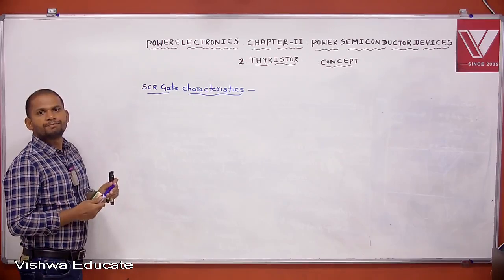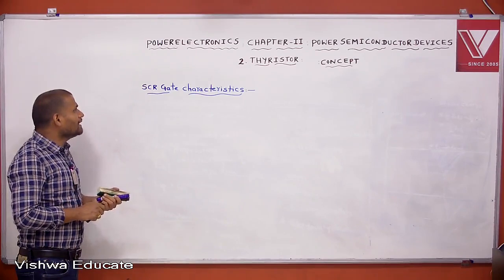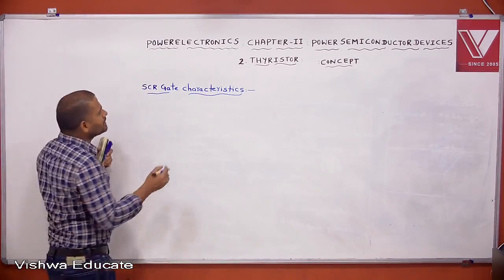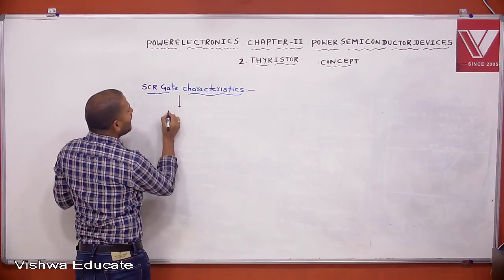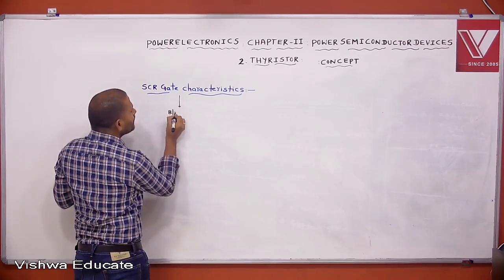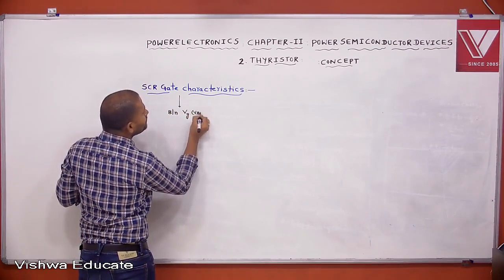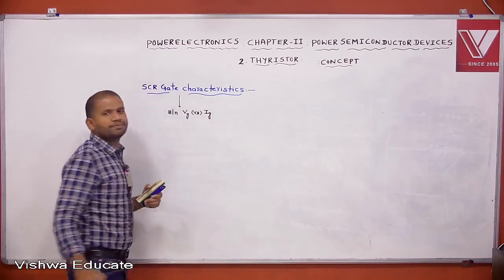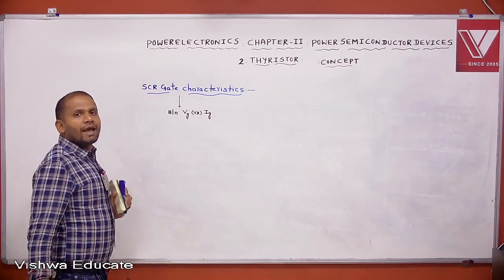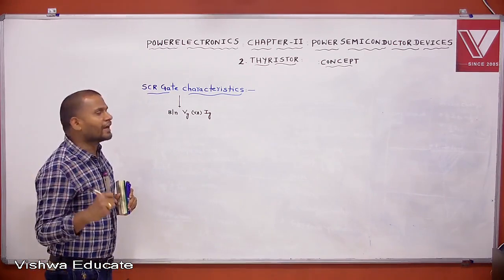See, what do you mean by gate characteristics of SCR? These are the characteristics between Vg versus Ig, gate voltage versus gate current.